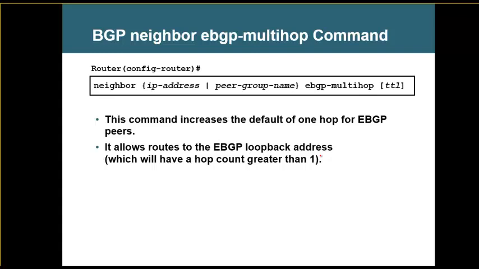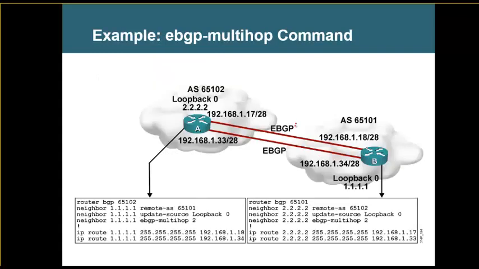Now, next. There may be a very rare scenario where you have a dual homing between two autonomous systems. Not multi-homing, this is dual homing, connecting two connections.